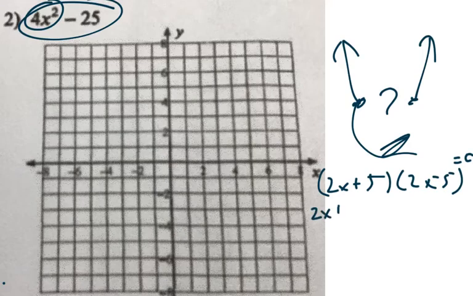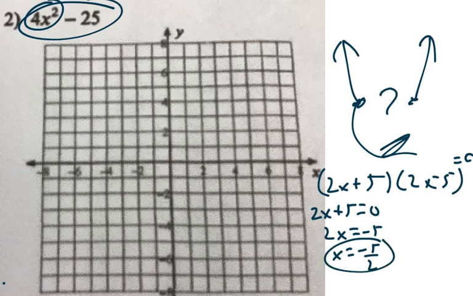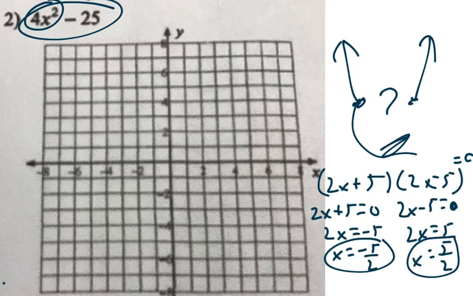So 2x plus 5 equals 0 only if 2x equals negative 5, and x therefore is negative 5 halves. 2x minus 5 equals 0 only if 2x equals 5, therefore x equals positive 5 halves. Now here's where you probably get your calculator out. Negative 5 divided by 2 is negative 2.5. See my big black dot at negative 2.5. 5 divided by 2 is positive 2.5.